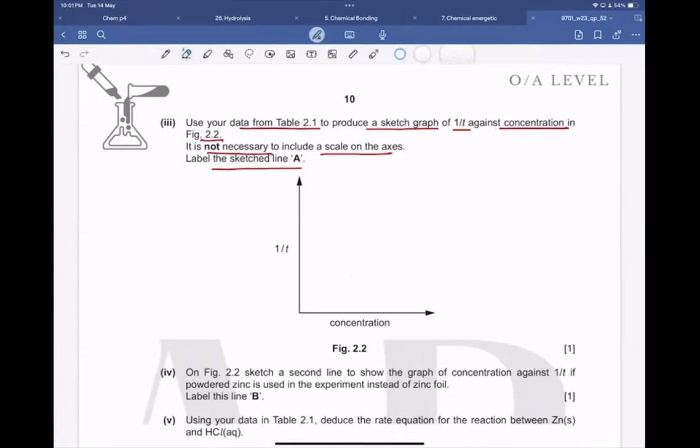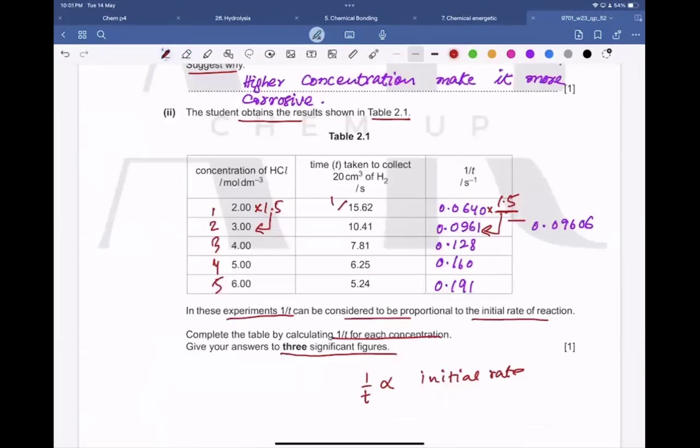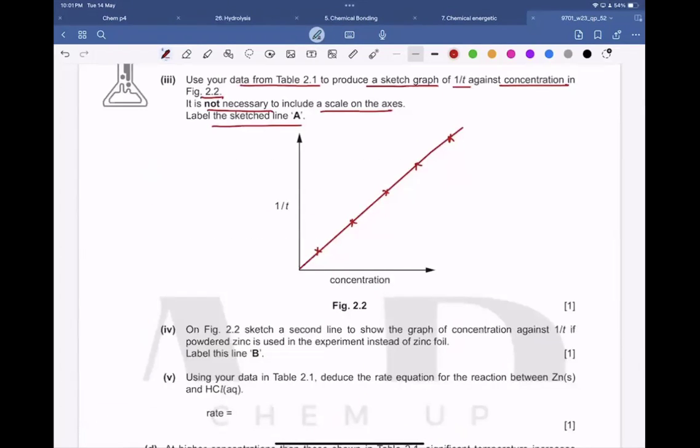So actually you can do this the easiest way: 1, 2, 3, 4, 5. Because if you further check, you will find that the concentration and 1 over time are both increasing with the same factor. Okay, so it is going to be like this.